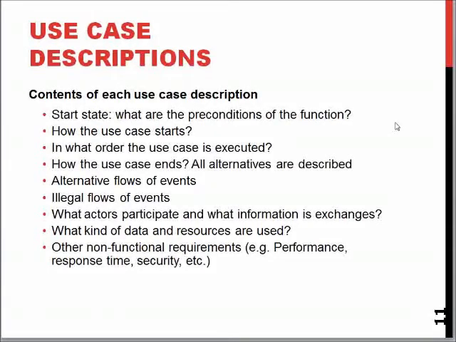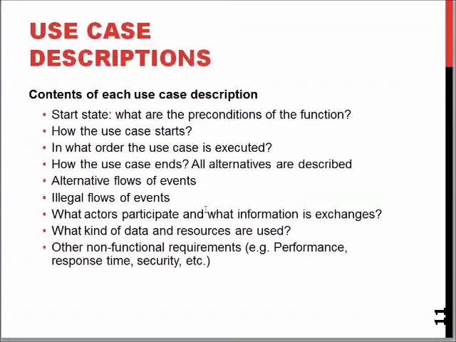How the use case ends, this includes all the different alternatives in addition to the happy path activities, leading into the alternative flow of events and illegal flow of events. The customer pries the card from the system during the session.